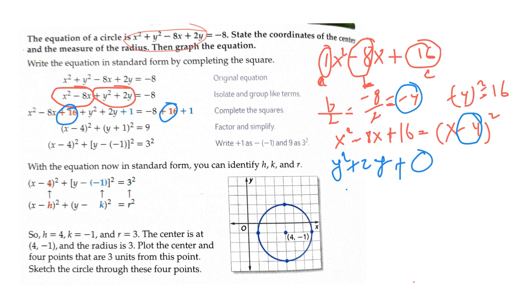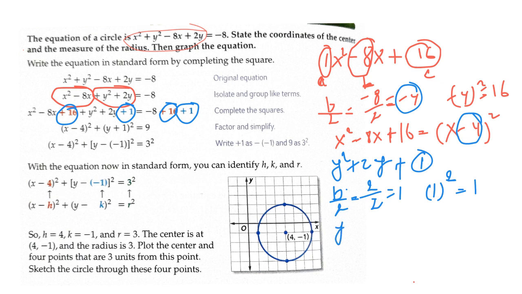Then b over 2 is 2 over 2, which is 1. Then we square the 1, so 1 squared is 1. The number that we're going to add in this case is 1. And like I said earlier, we have to add 1 on both sides of the equation to keep it balanced.